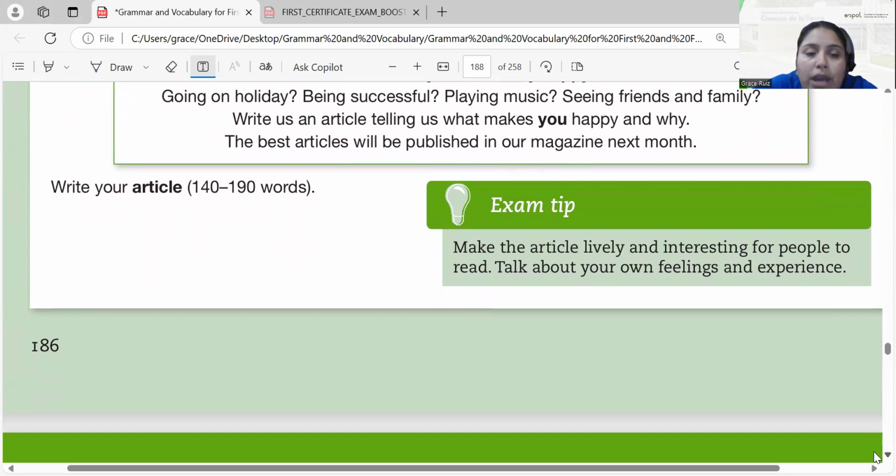In order for you to write an article, let's remember how to write an article. Let me go ahead and share. And let us take a look here. I would like for you to remember how to write an article for B2. It is super useful.